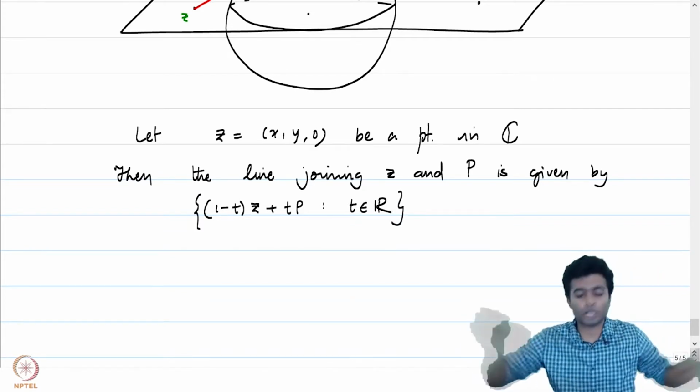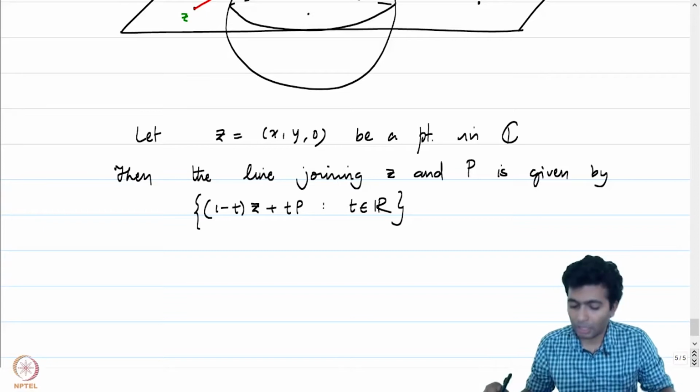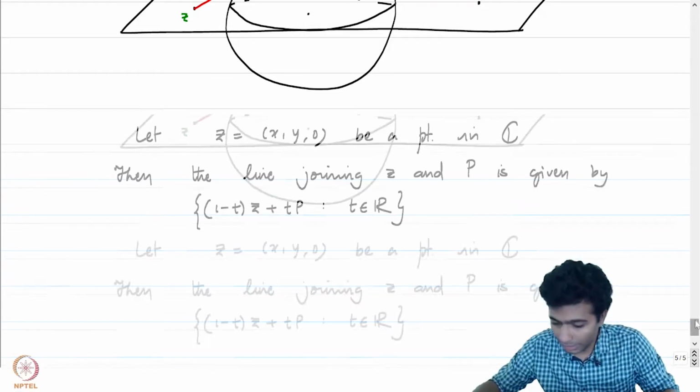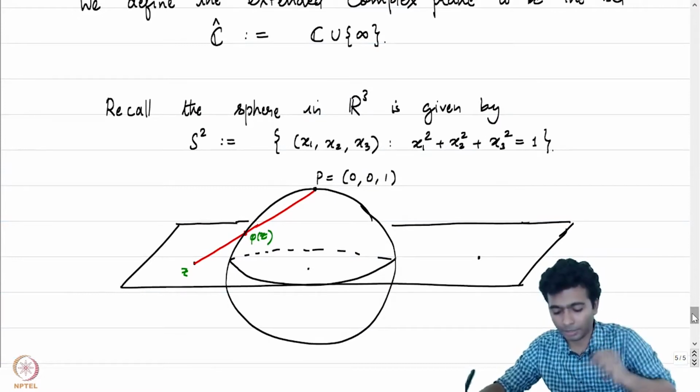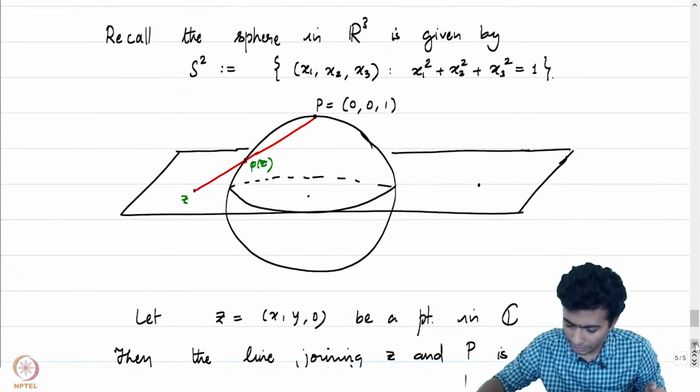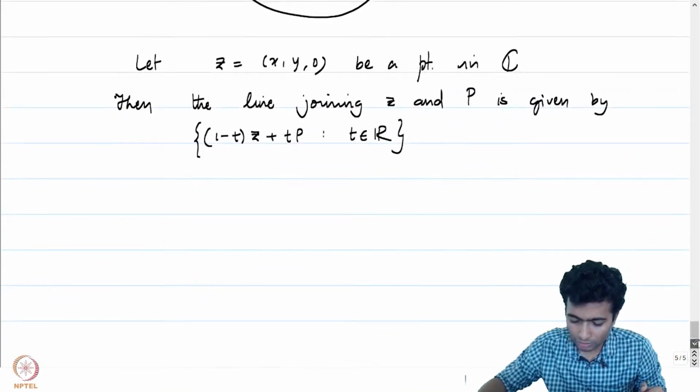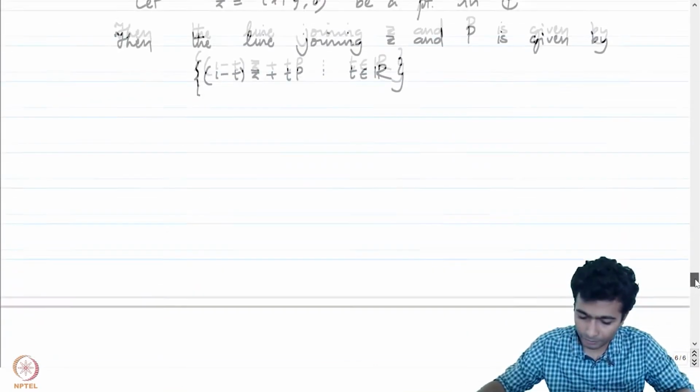This is the line which joins Z and P, and the thing we are interested in is the point at which this line meets the unit sphere.